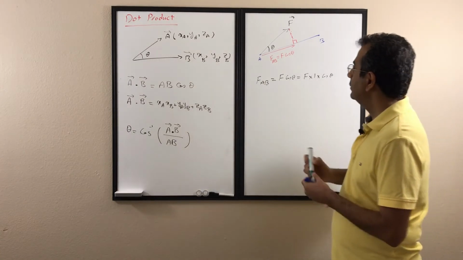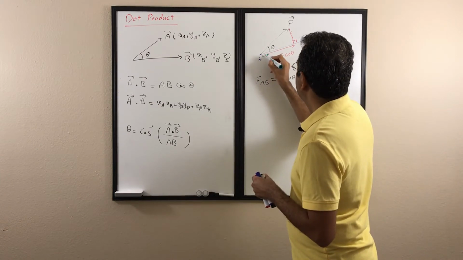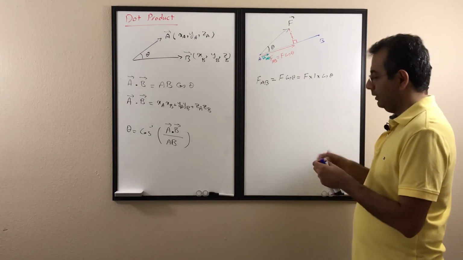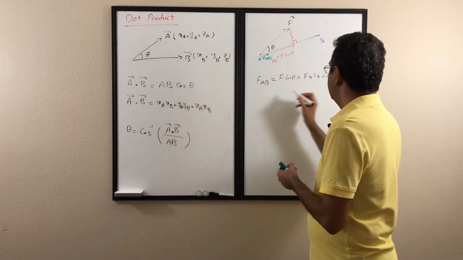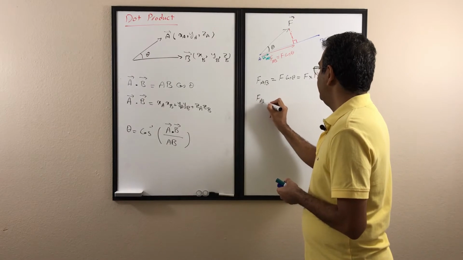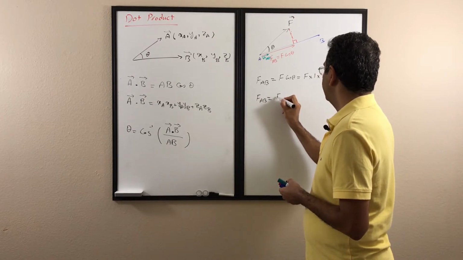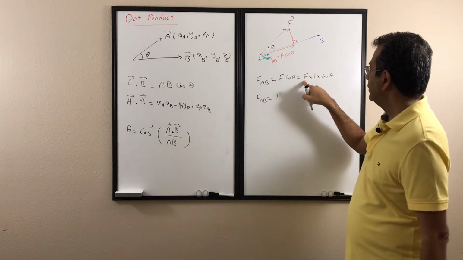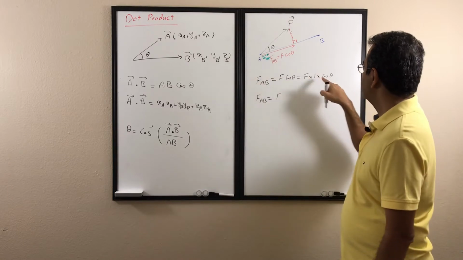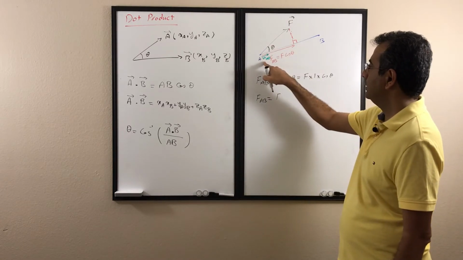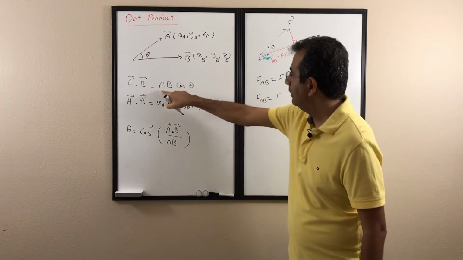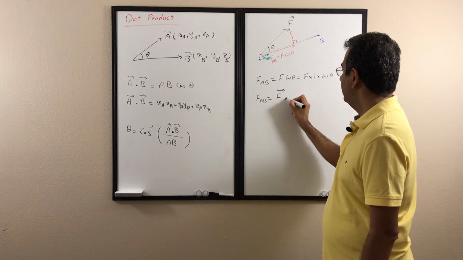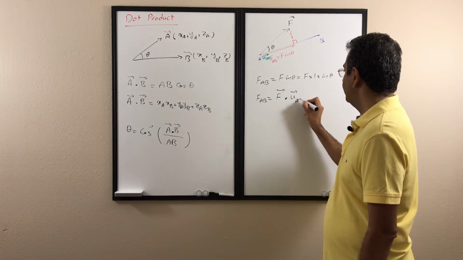So if I define a unit vector UAB here, I can rewrite that. That's the magnitude of the first vector, that's the magnitude of the second vector, and that's the angle between the first vector and the second vector. And look, it's basically the dot product of F with UAB.